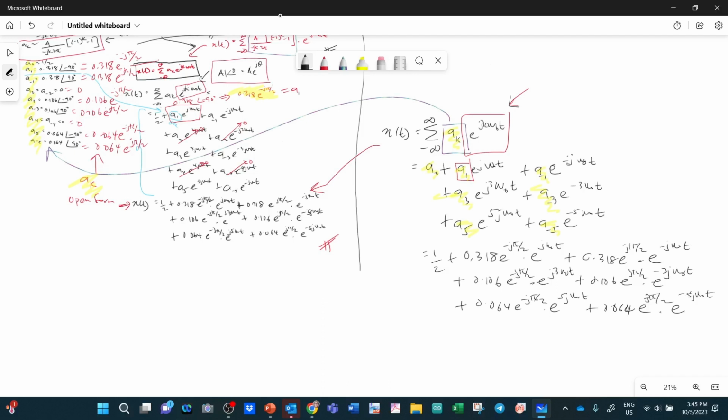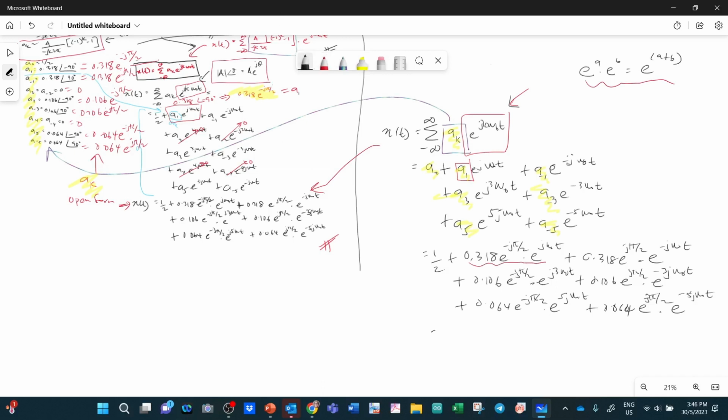The exponential e^a times e^b is equal to e^{a+b}.